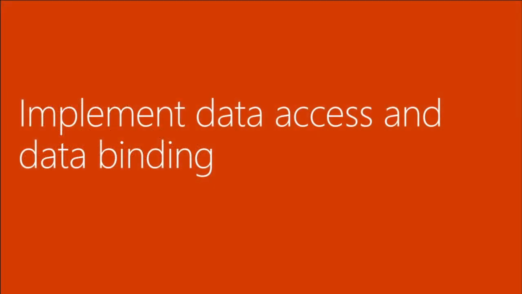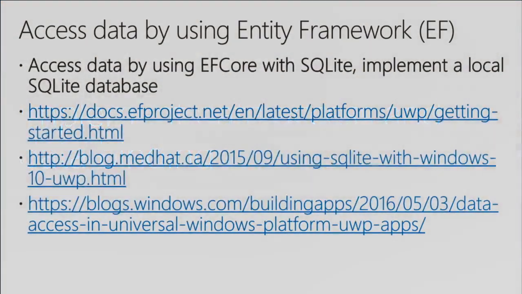Data access, data binding. I can spend a ton of time on this, but for data access it's Entity Framework Core. That's pretty much what this is: accessing data using Entity Framework Core, creating your models, your plain old CLR objects or POCOs, and using SQLite as the store for Entity Framework Core. One of the great things about UWP is you can use SQLite.